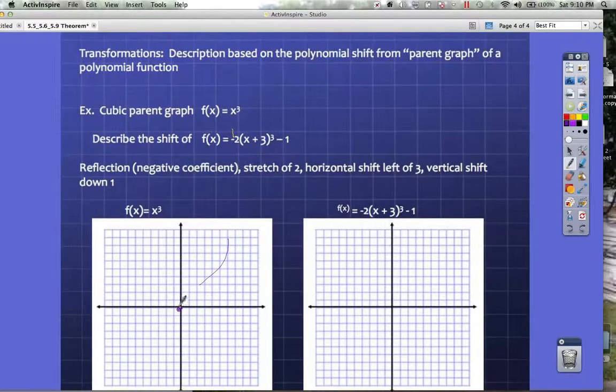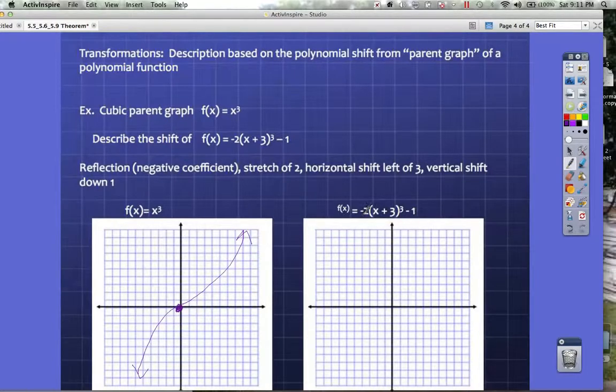But the main thing is the parent graph goes through the origin. Okay, I'm just going to start it not through the middle. Like that. Much better. Okay, it's going through the origin, and it's going in the positive direction, left, right.